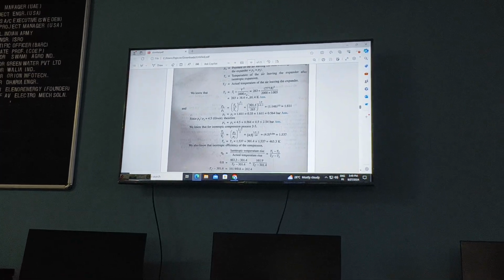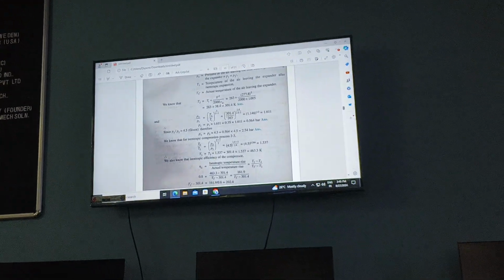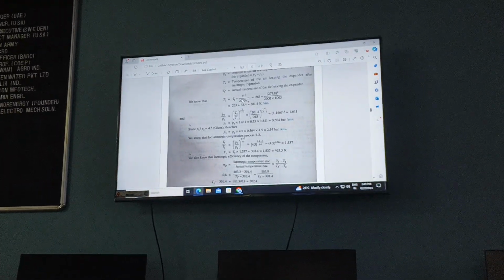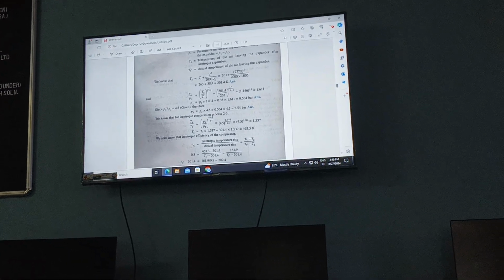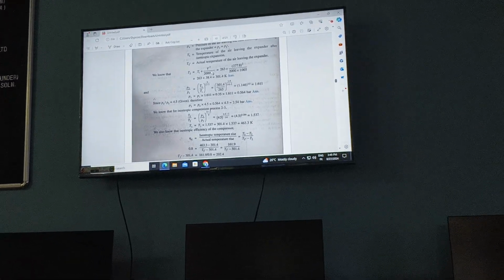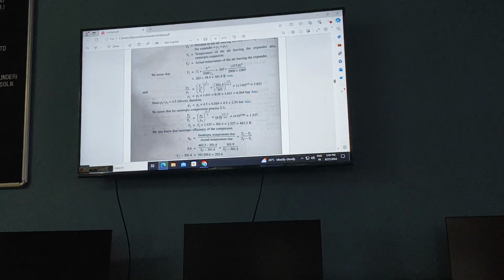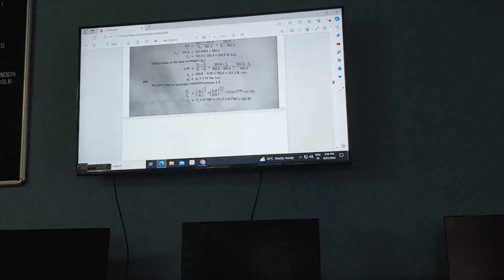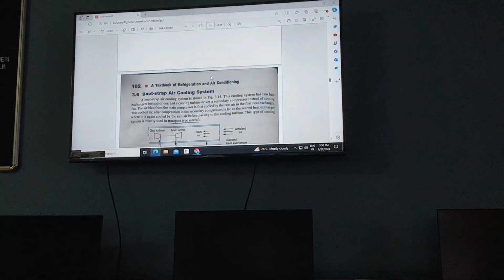That's why there is a rise in temperature. So for that rise in temperature they have calculated T1 plus kinetic energy. Kinetic energy is nothing but half mv square. So we are taking per unit mass. That's why v square divided by 2000. Okay, that's the only difference. Rest is the same. Okay, right?